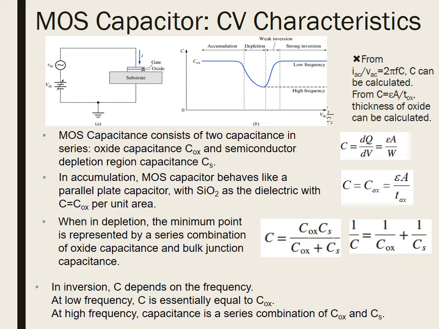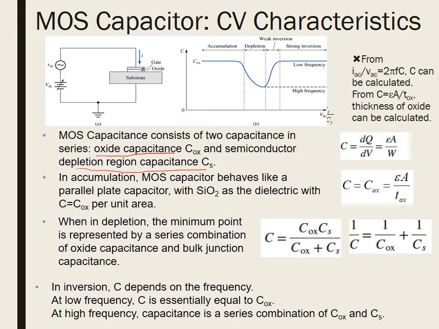From the previous discussions, we have mentioned that the gate structure can be translated into two capacitors. One is based on the oxide layer and the other one is based on the depletion region of the substrate. Thus, we should consider two capacitances in series, COX for oxide capacitance and CS for semiconductor depletion region capacitance.